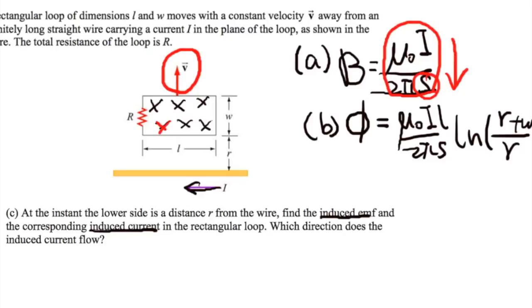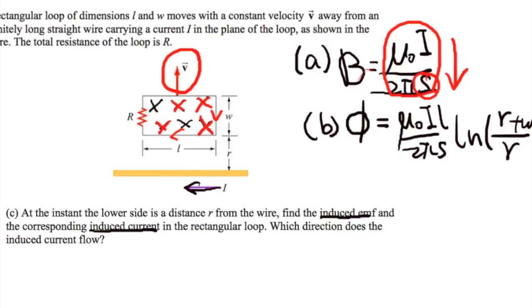That means the loop should create a magnetic field that's reinforcing this magnetic field, since it does not like change. So therefore, in order to create this inward magnetic field, the direction of the induced current should, let's use the right-hand rule, thumb points in, and we can figure out that it is actually going to induce a clockwise current.